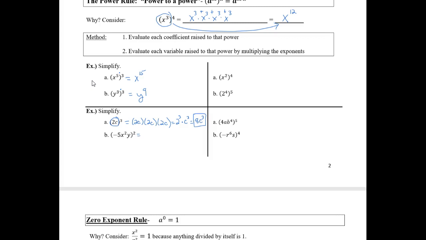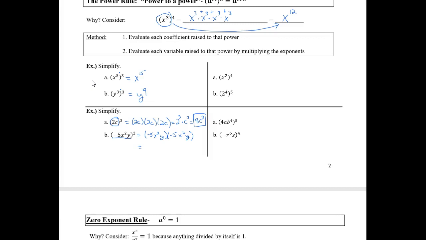Next example, I have negative 5 times x squared times y. That whole quantity is being squared. So everything in there has to be squared. Negative 5 has to be squared. X squared has to be squared. It's all traveling twice. You don't have to expand it out like that, but you do need to make sure you square everything inside that parenthesis.